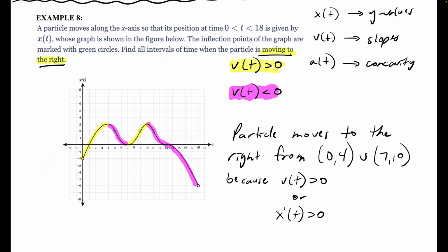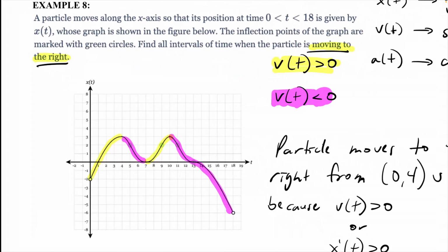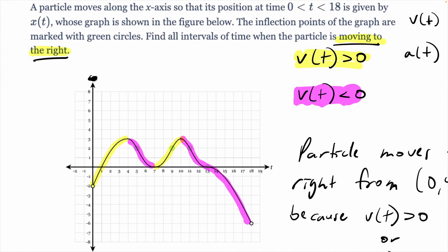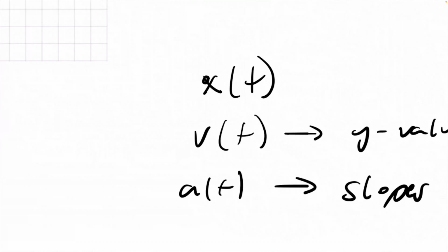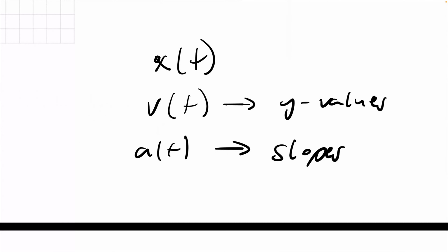Now, if they asked us the same question, but what if this was v of t? Then we would look like that. V of t would become the y values. A of t would become the slopes. So in that case, we would use the y value.